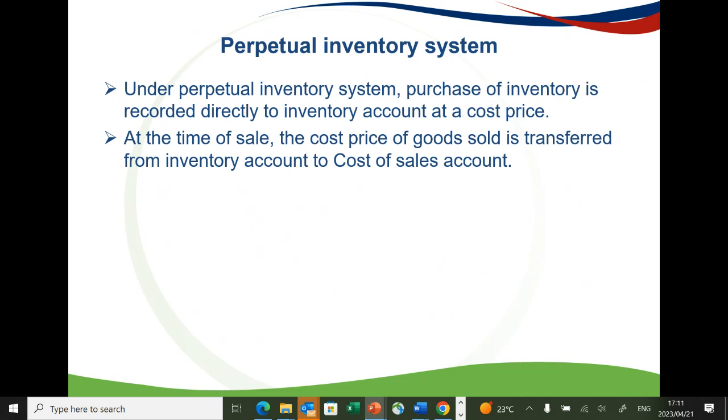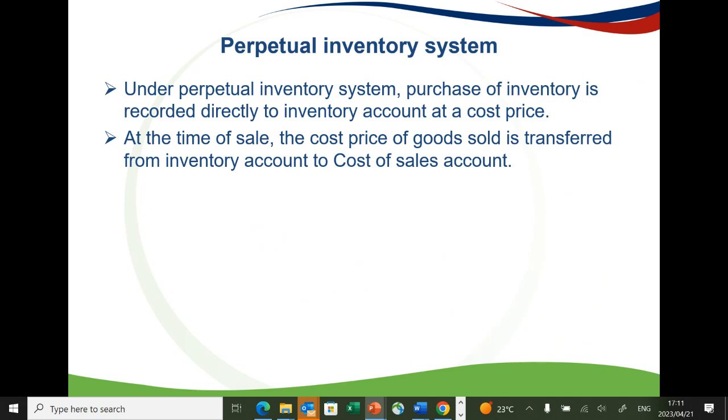So it's an asset, it increases on which side? On the debit side. So you'll have to debit that inventory and then you credit. If you bought it for cash, you're going to credit your bank. Remember, bank is an asset, and an asset reduces on which side? On the credit side.